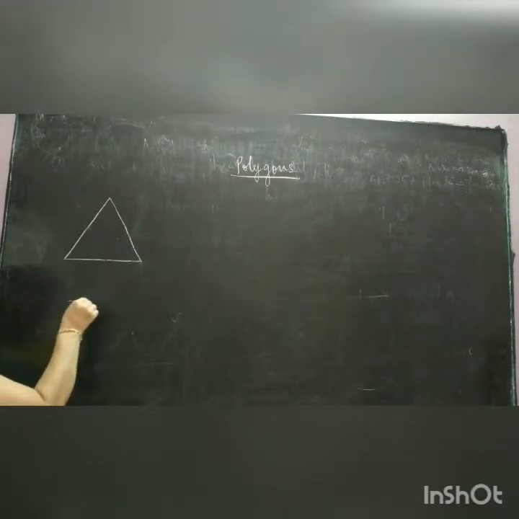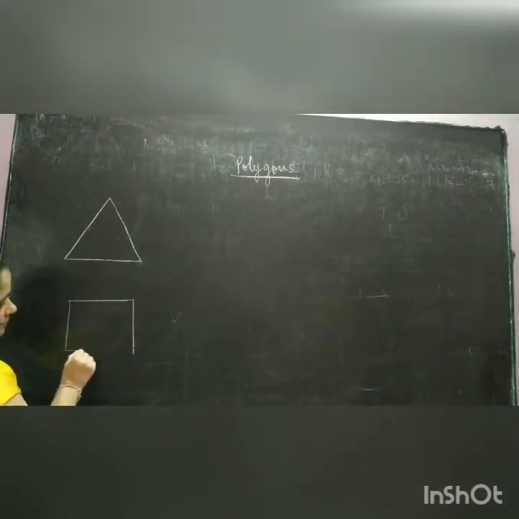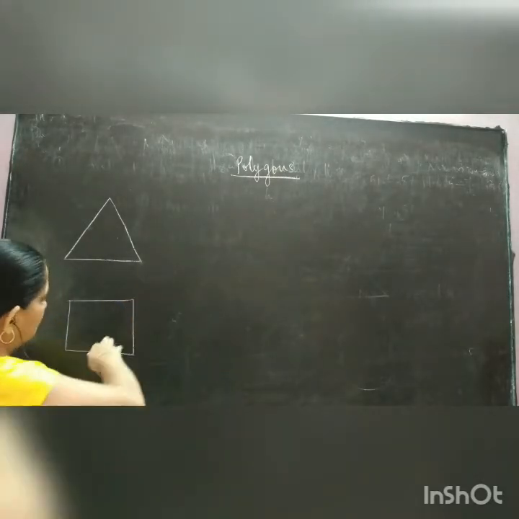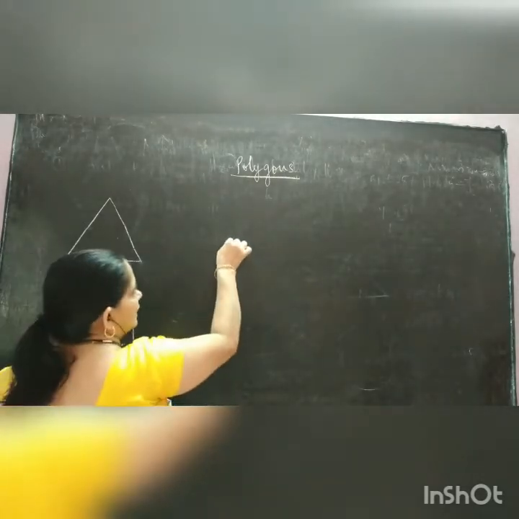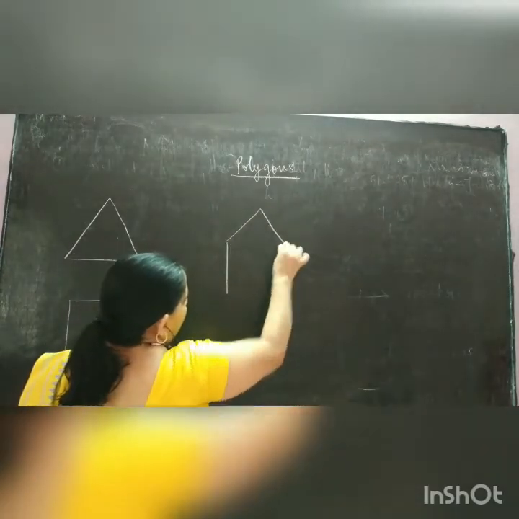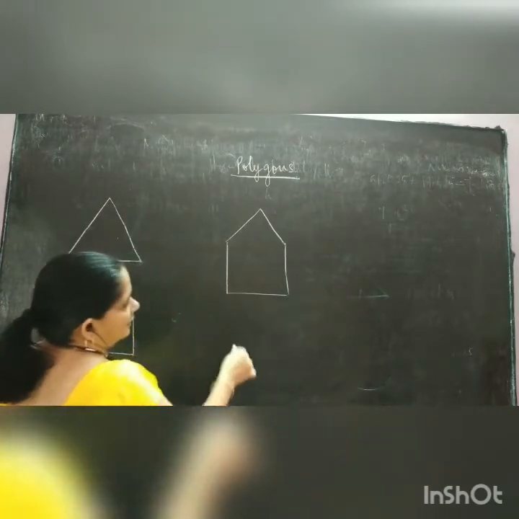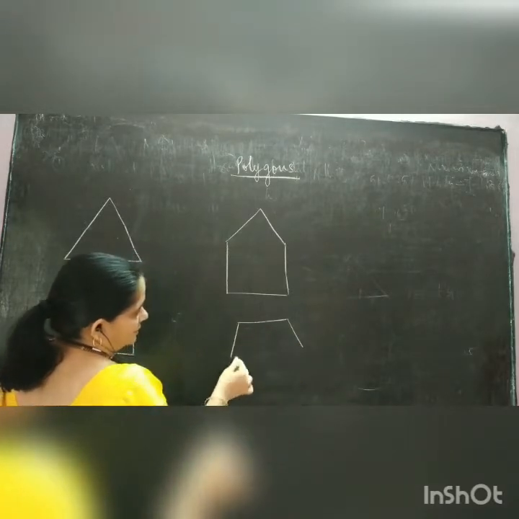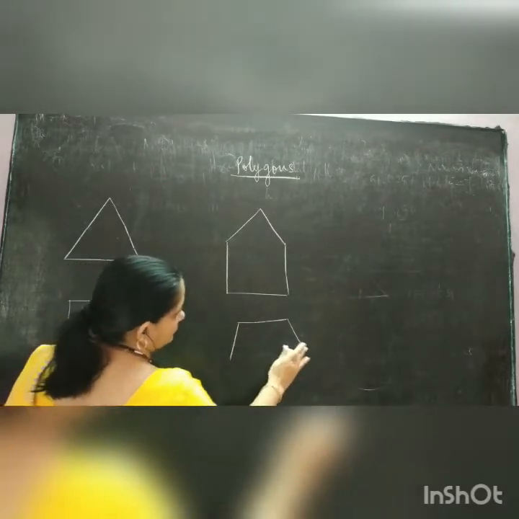Next 4-sided is a quadrilateral. It can be anything. Quadrilateral, square, rectangle, parallelogram. There are so many. We'll study later the types of quadrilateral. Then after triangle, quadrilateral, then 5-sided figure is pentagon, then hexagon. 6-sided figure is hexagon.